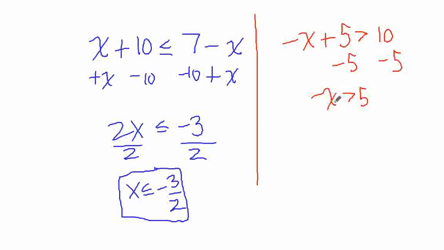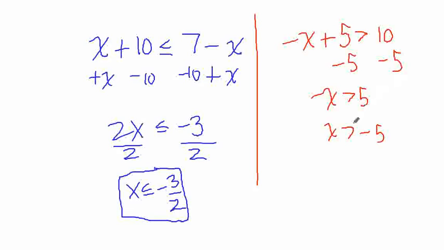Now I multiply both sides by minus 1, so x is greater than minus 5. For example, let's say 0. 0 is bigger than minus 5, right? Plug 0 into the very beginning equation. You will see that it doesn't satisfy it. Minus 0 plus 5 is not bigger than 10.